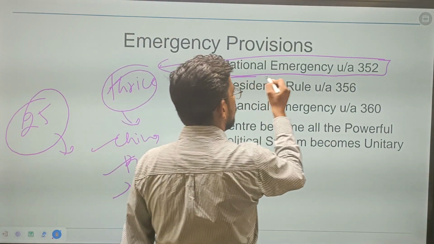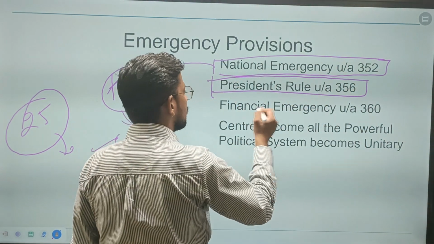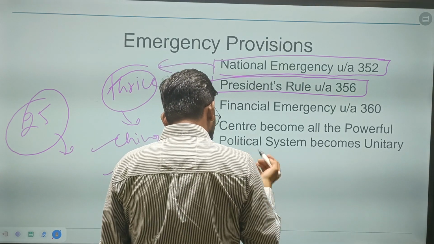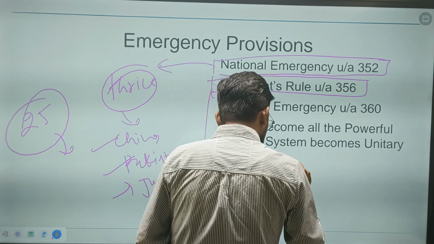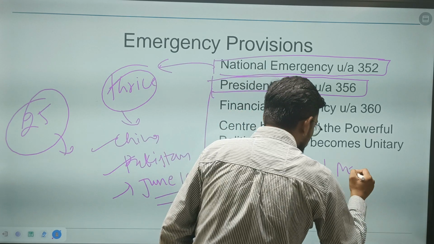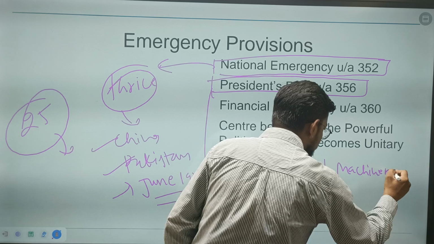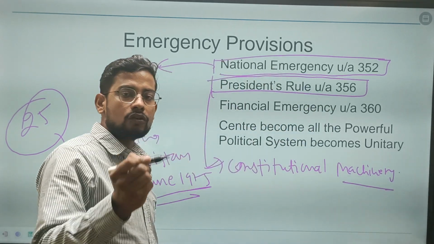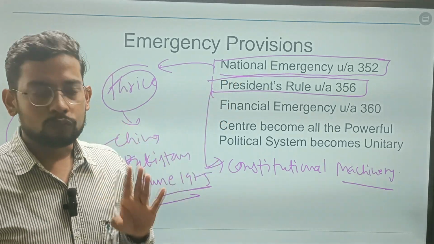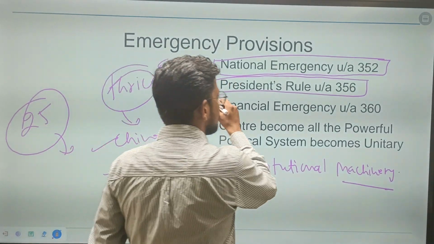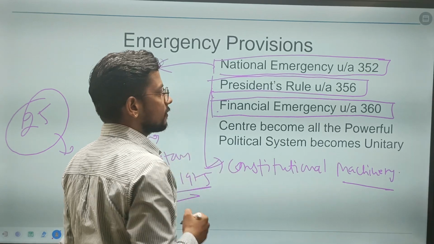Then we have a provision of President's rule under Article 356. President's rule can be imposed in a state in case of failure of constitutional machinery. If any state government is not working as per the provisions of the constitution, then President's rule can be imposed in that particular state. Then financial emergency can be imposed under Article 360.